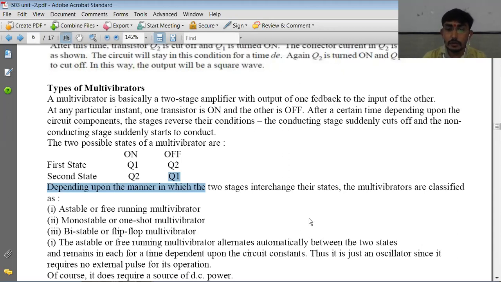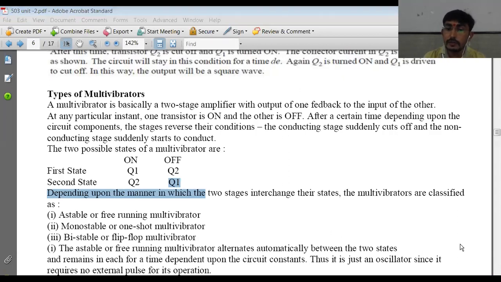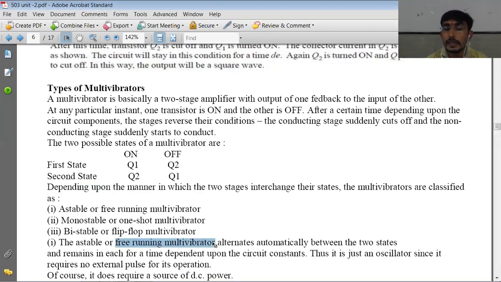That's why we can say that it automatically alternates between two states, from cutoff to saturation and saturation to cutoff, depending upon the circuit time constant. That's why we can say that it is a free running multivibrator. In the astable multivibrator, no state is stable.